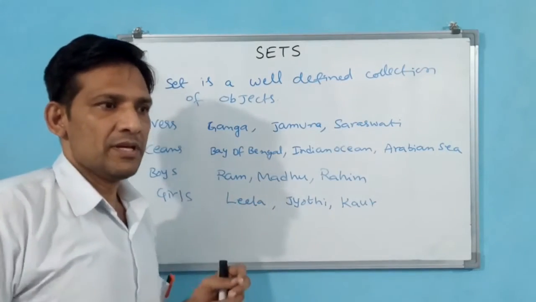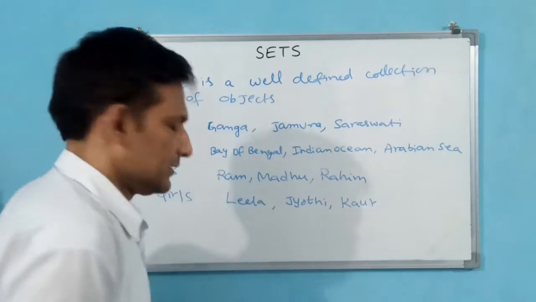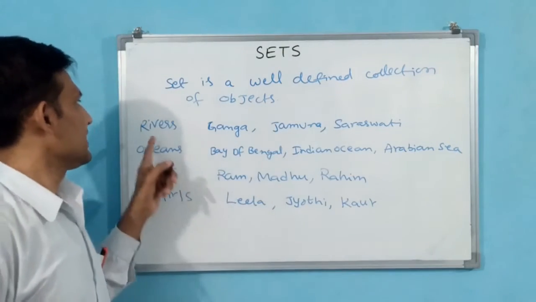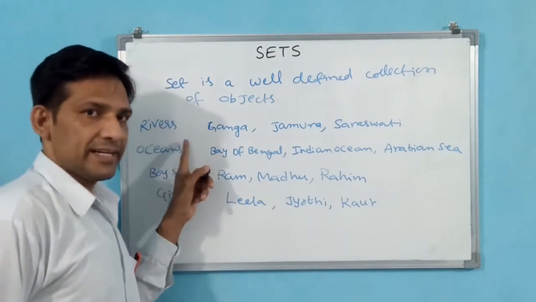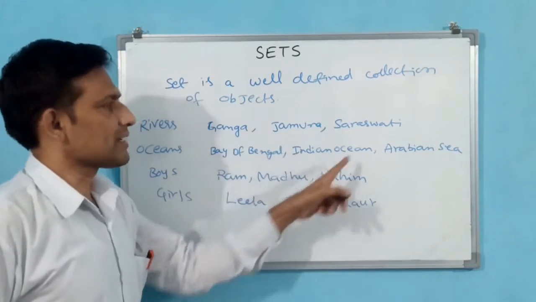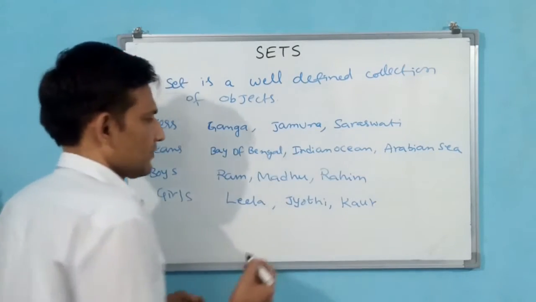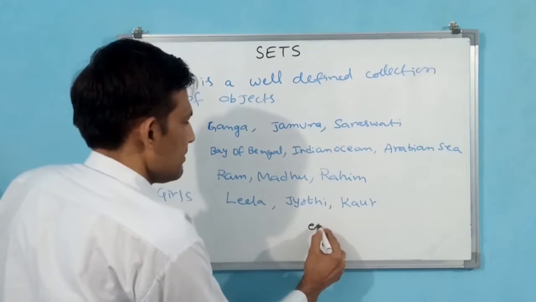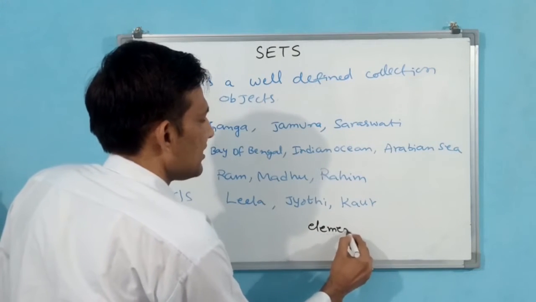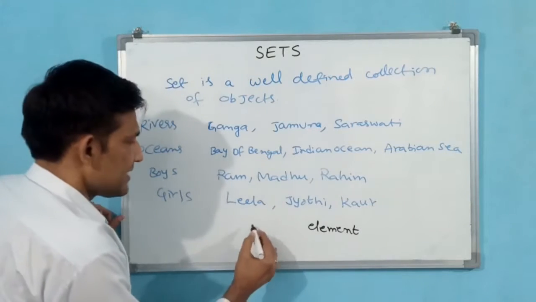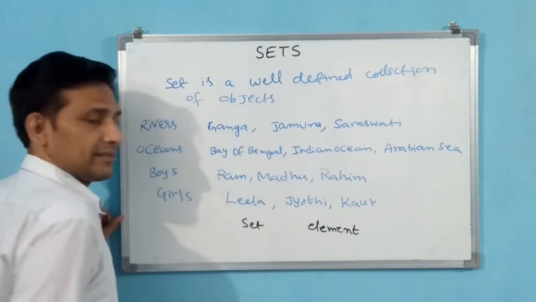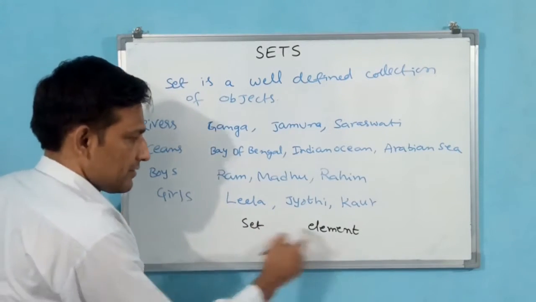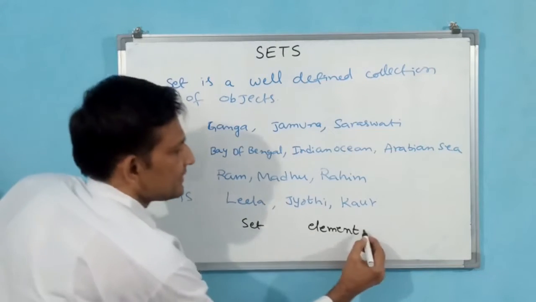Now we see what a set contains. You see here, river is a set. Ganga, Jamuna, Saraswati are elements. Now the word element has come. Set contains elements.